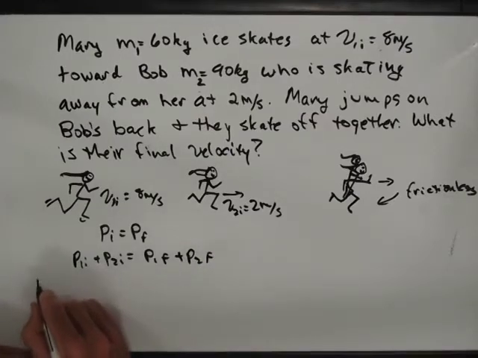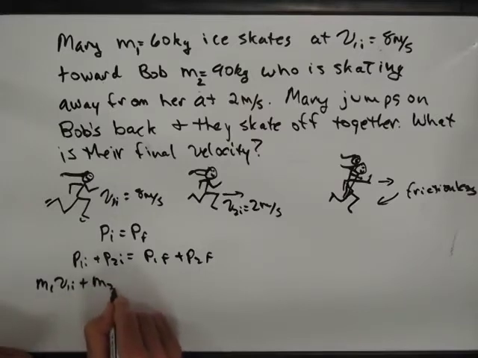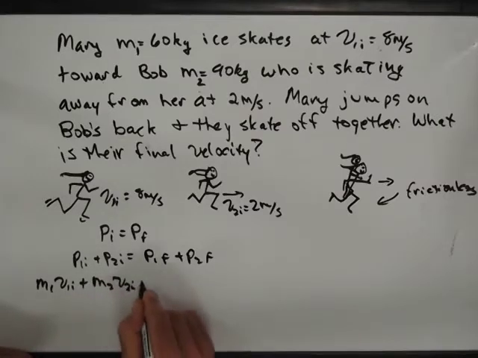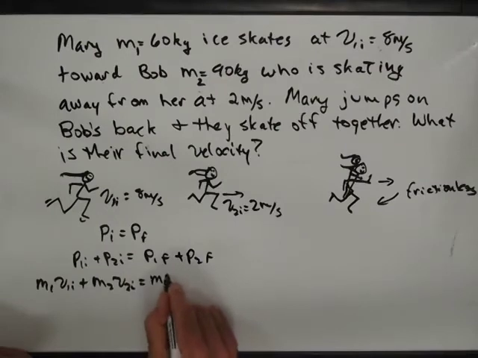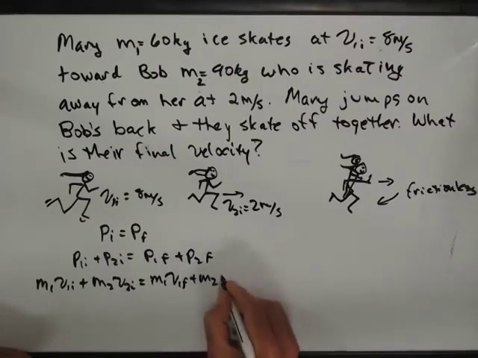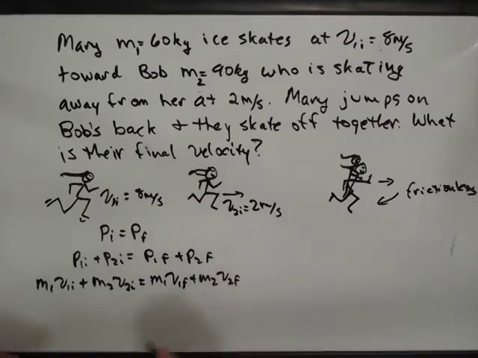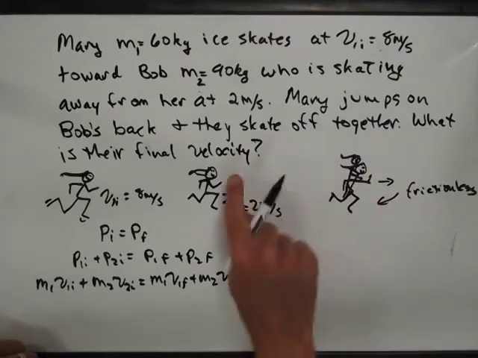Well, what are these? This is M1 V1 initial plus M2 V2 initial is equal to M1 V1 final plus M2 V2 final. And it asks what is their final velocity?